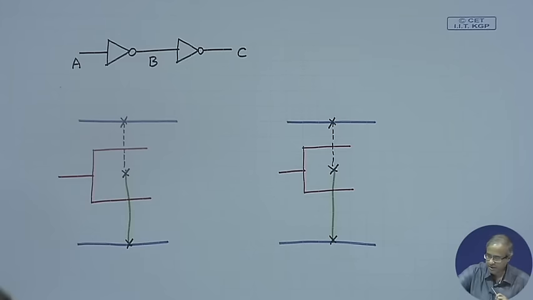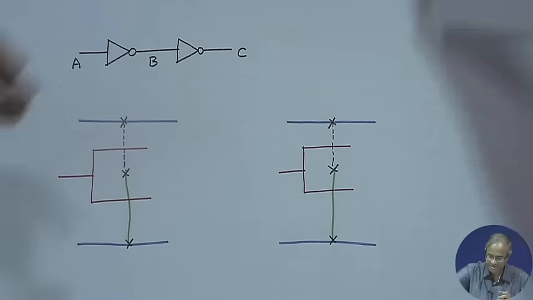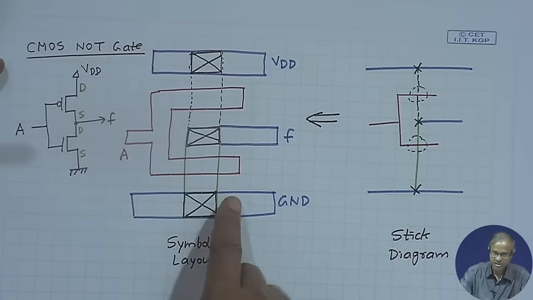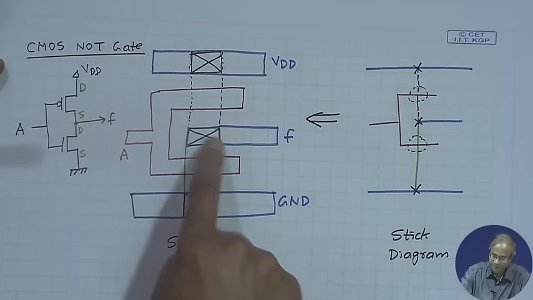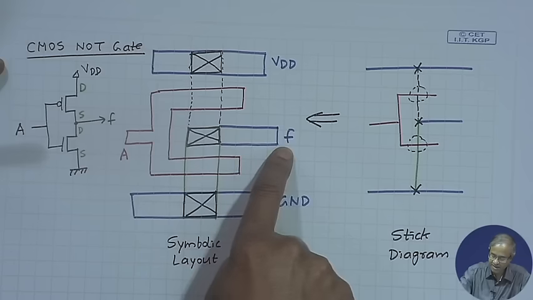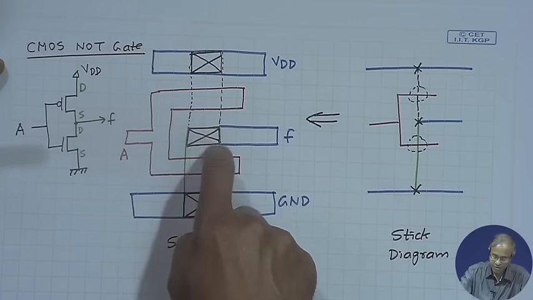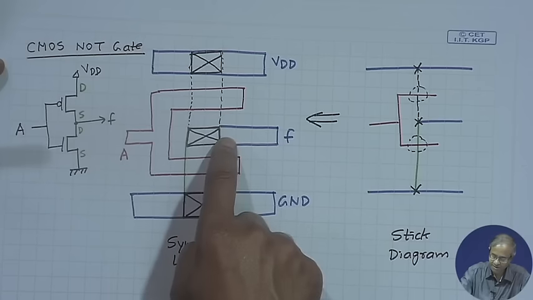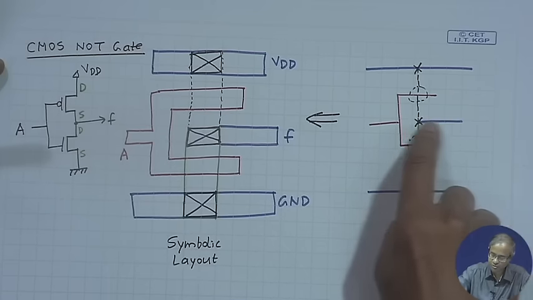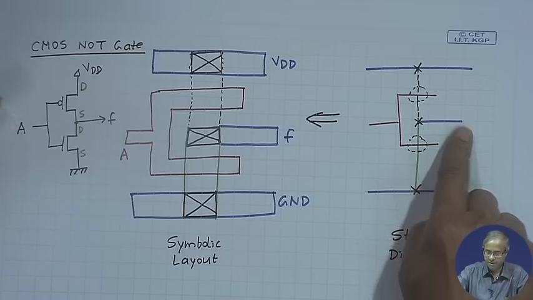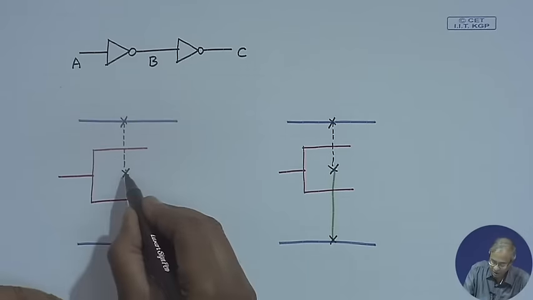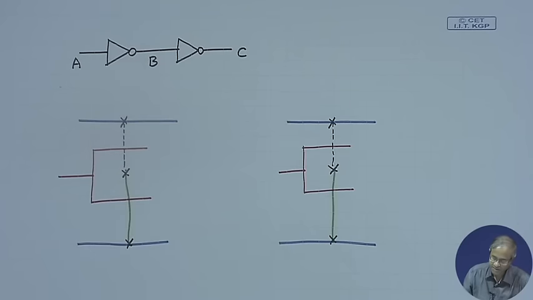Now, one thing you just see in our previous case, this layout, here we had shown that the output F was being taken out on a metal layer. So, this contact connection was actually a contact between a diffusion and a metal. That is why this line was shown as blue. But if you look at the scenario here, this output has to go to the input of the next inverter.